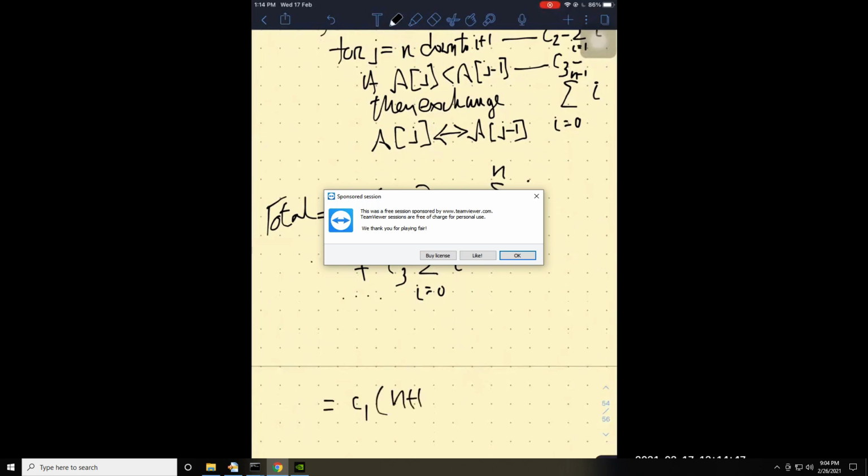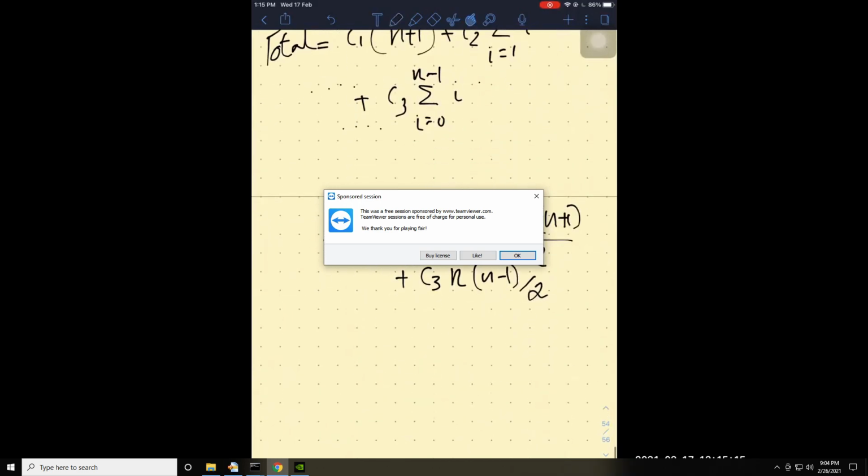C1 times n plus 1. Then for the next one we have n times n plus 1 divided by 2. Then for the last one we have C3 times n times n minus 1 divided by 2.